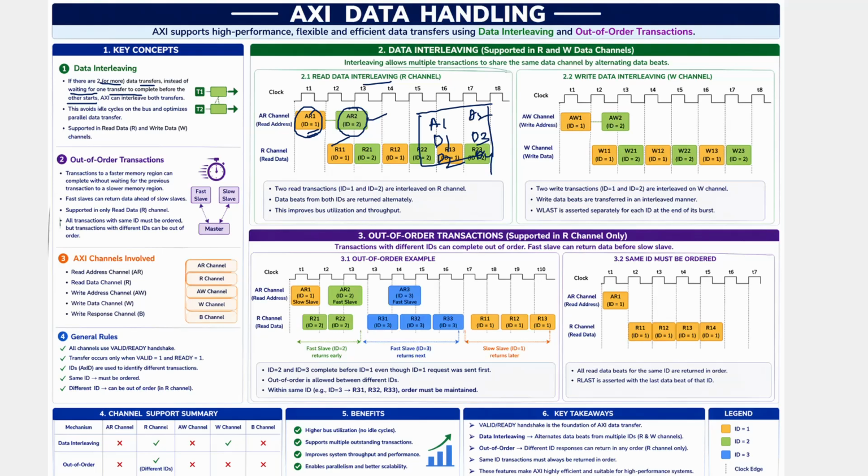It is like I am not finished talking with you, and someone else starts talking in between. Here I have two read transactions, ID 1 and ID 2, interleaved on the R channel. That means data beats from both IDs are returned alternately, so it improves the utilization of your throughput.